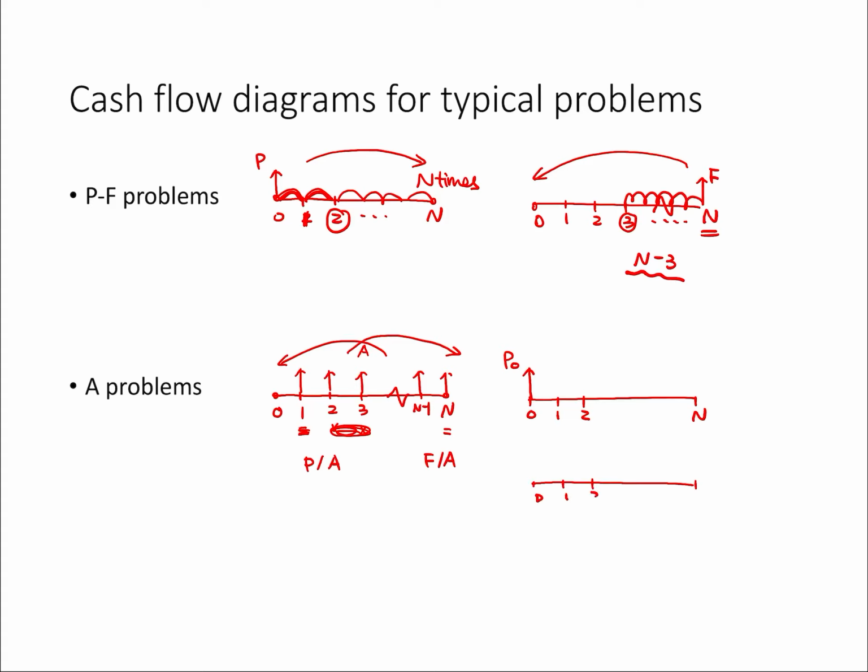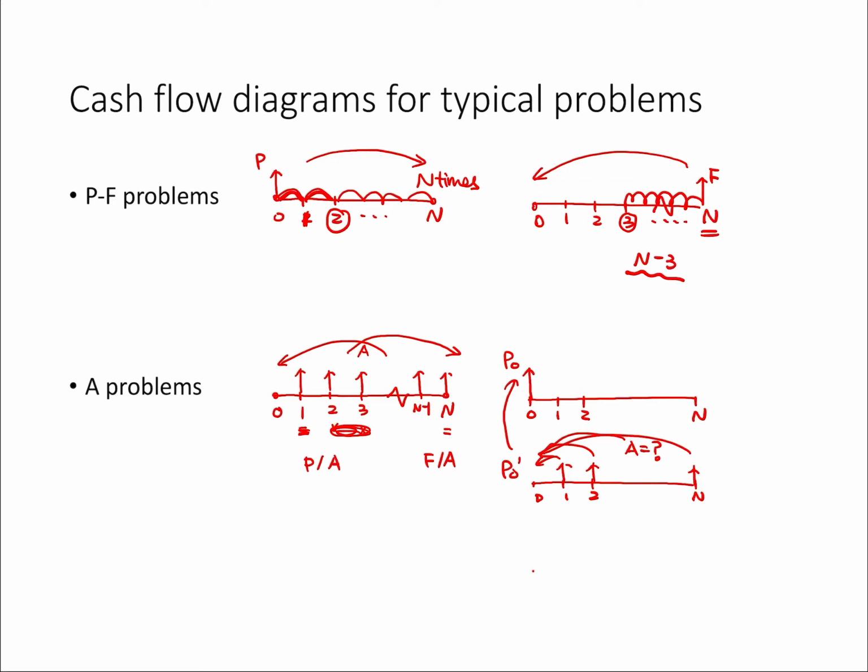You want to find some annuity numbers which you don't know, but if you convert everything back to the present, you're going to have the same present value. So that annuity will be called the annual equivalent of that P0.